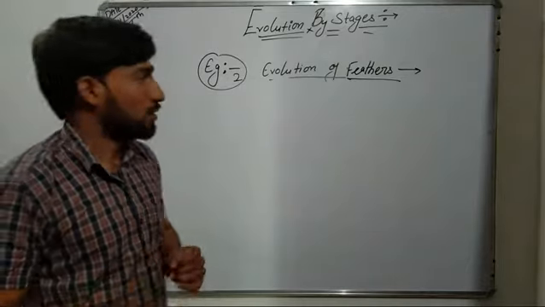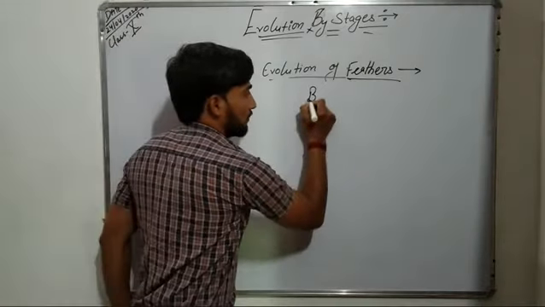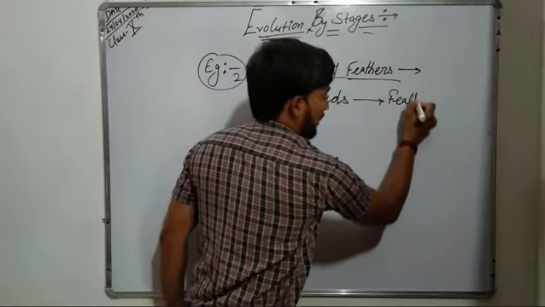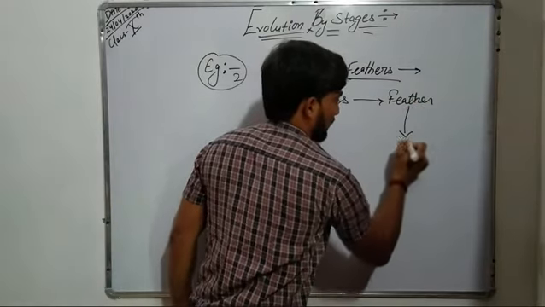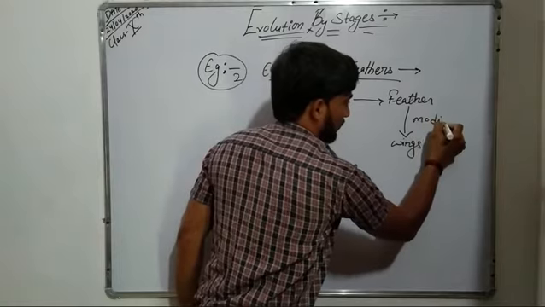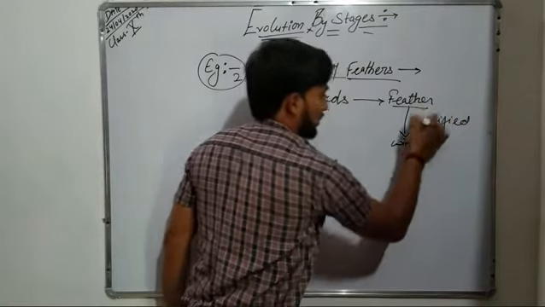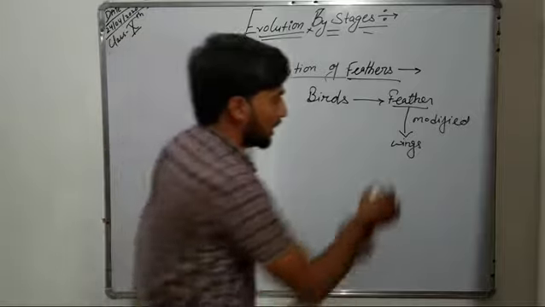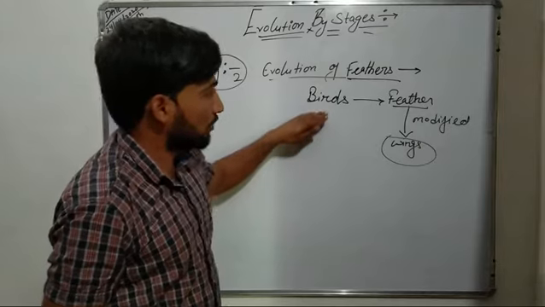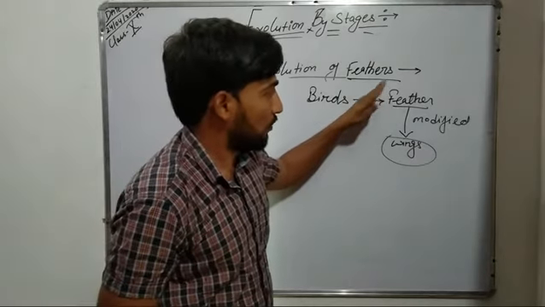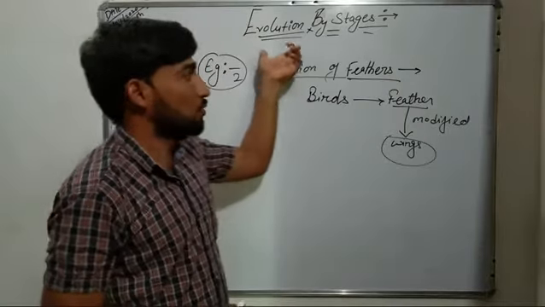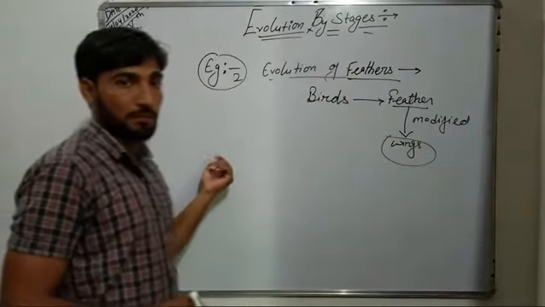And later on, these birds modified their feathers into wings, and these wings are then used for flying. That's why even here, the evolution of wings from feathers is also occurring through intermediate stages. So evolution occurs through intermediate stages.